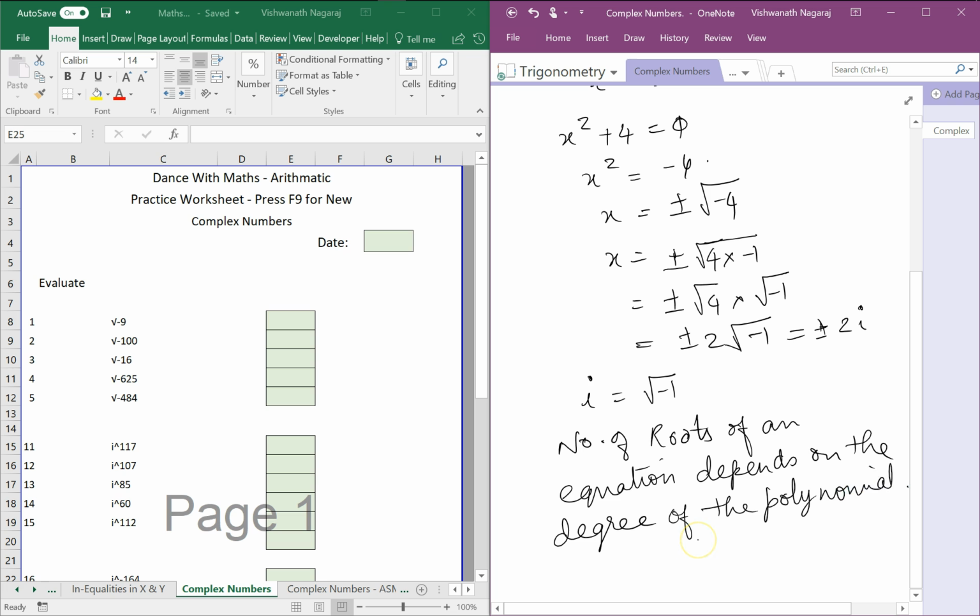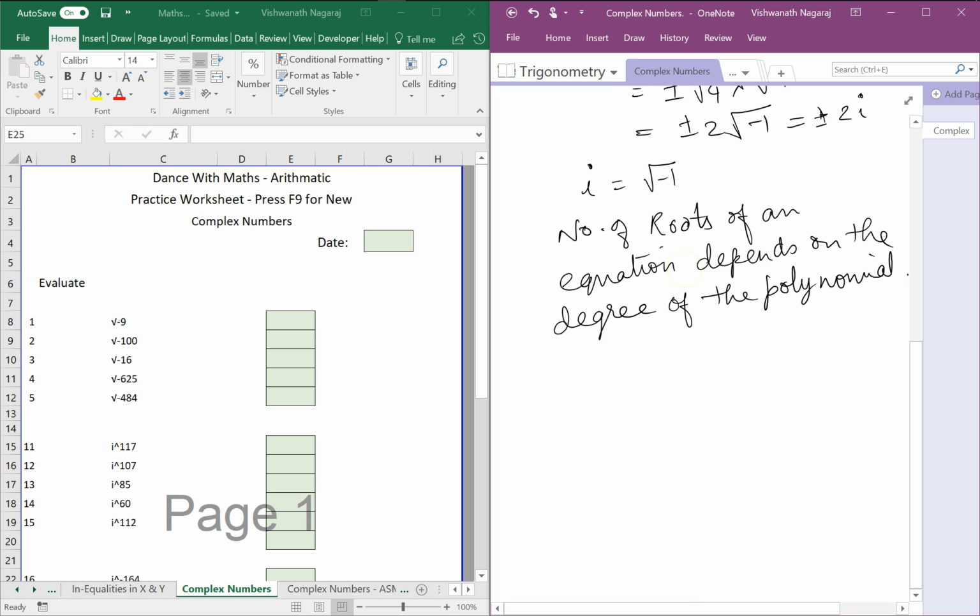So if it is a quadratic, there will be 2 roots. If it is a cubic, there will be 3 roots. If the degree is 10, then there has to be 10 roots. Okay, so let's see how this pans out.